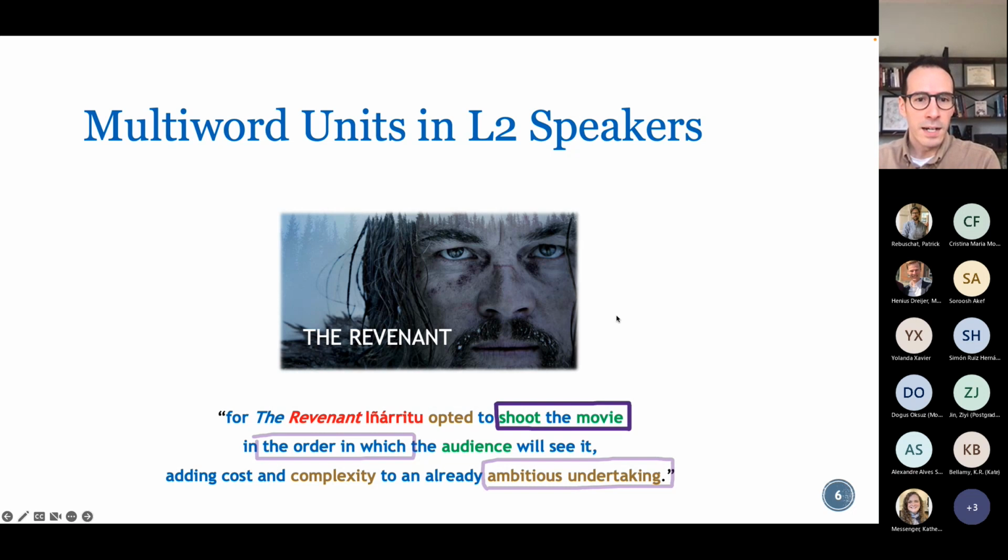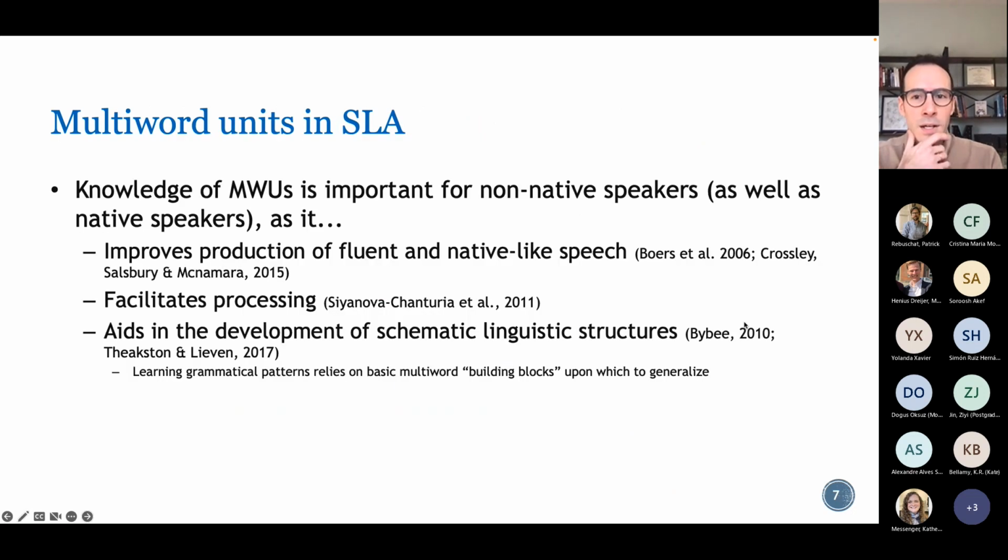I'm going to be focusing specifically on verb-noun collocations, as in shoot the movie. I'll be referring to these as collocations, but I'm specifically discussing work on verb-noun phrases like this one.